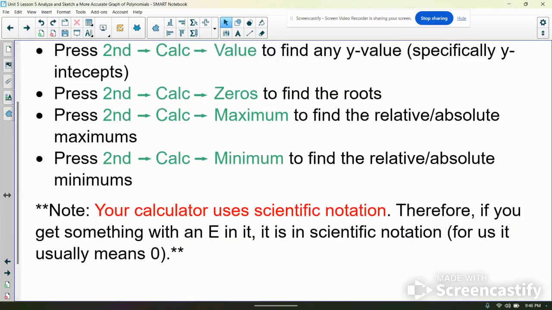So this has been mentioned before. You probably have encountered this while utilizing your calculator for this type of stuff. Your calculator uses scientific notation.